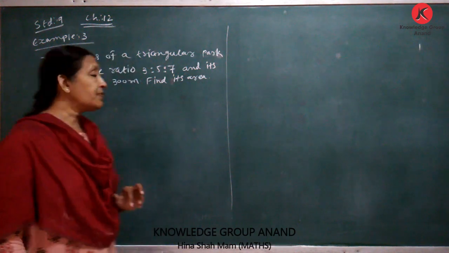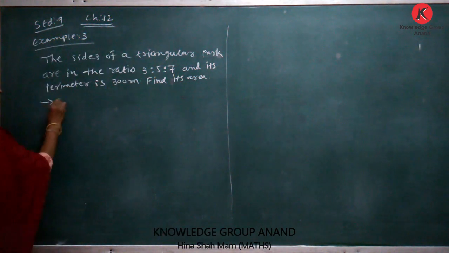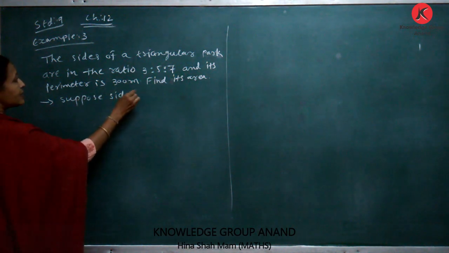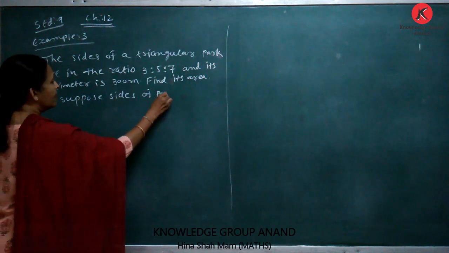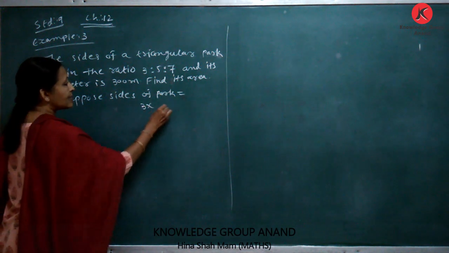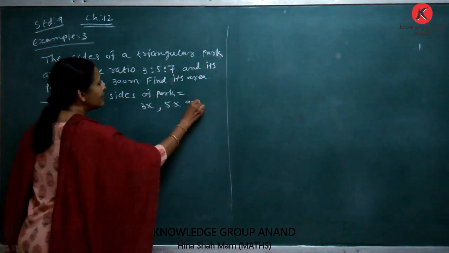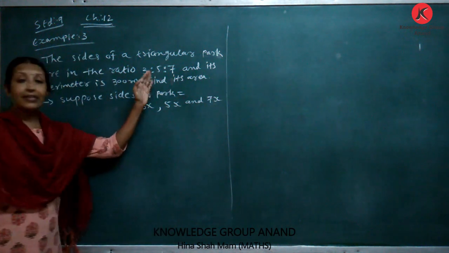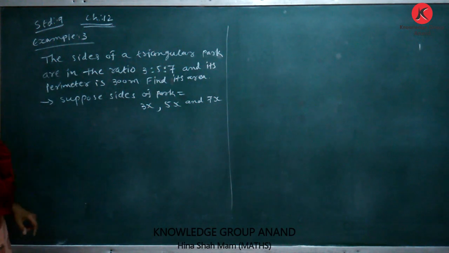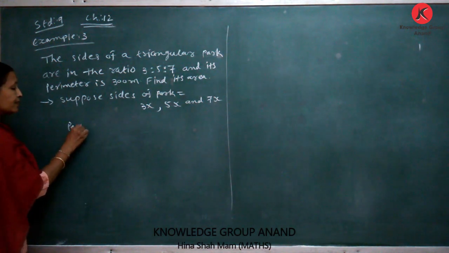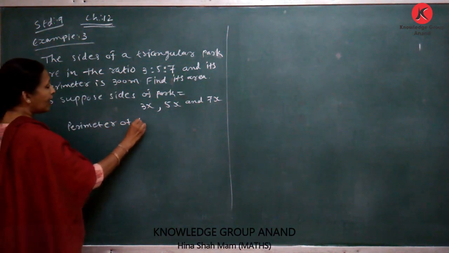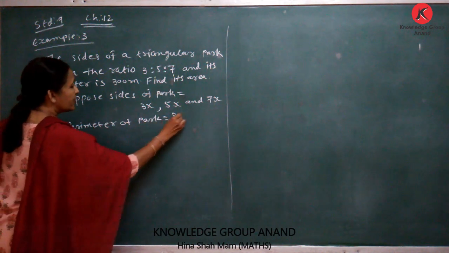First we find, suppose sides of the park are 3x, 5x and 7x. It is in ratio form, so we write 3x, 5x and 7x. Perimeter of the park is equal to 300 meter.